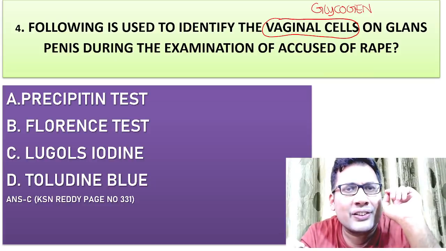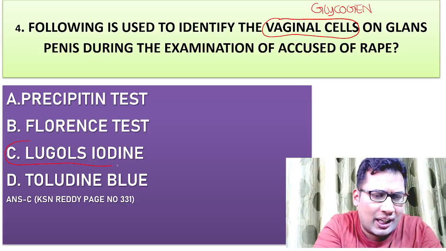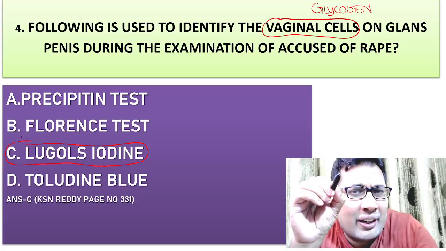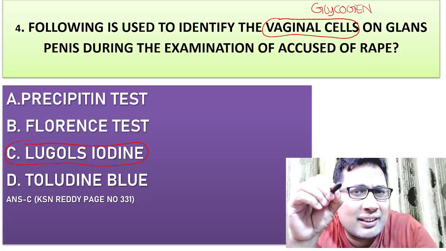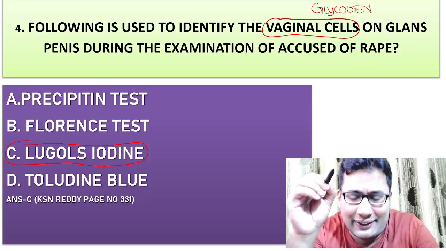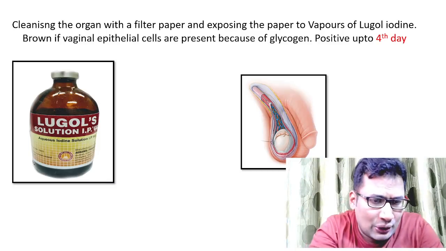So the answer is C, that is Lugol's iodine. Lugol's iodine is the correct answer. Lugol's iodine is used to identify vaginal cells over the penis, especially over the glans penis. Let's see now what this method is. So this is the Lugol's iodine.